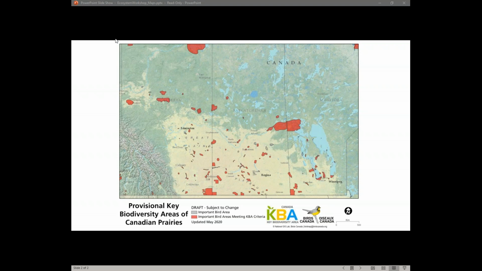And what Kira mentioned there too is there's a separate piece that we're working on that has all the records outside of the existing IBA network, to see where those fall and to see if there may be some additional KBA sites that should be identified beyond the existing IBA network as well. But that's a piece we're just scratching the surface on at the moment.